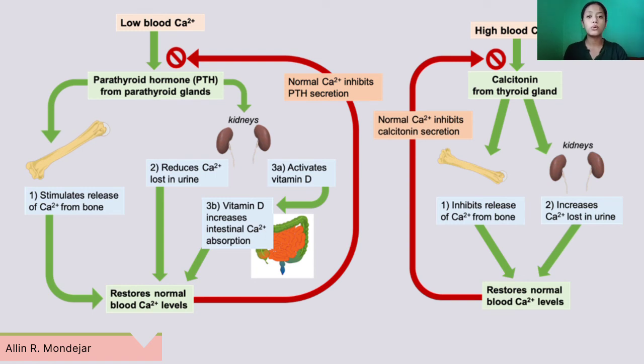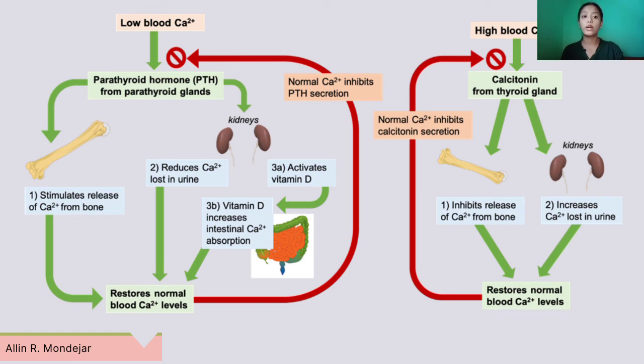That will result in another mnemonic: stones, moans, and groans. Stones stands for kidney stones. Since there is too much PTH in our blood, it will send a message to our kidney to reabsorb more calcium, and reabsorbing more calcium will result in kidney stones.